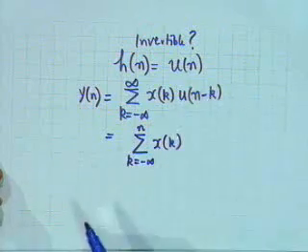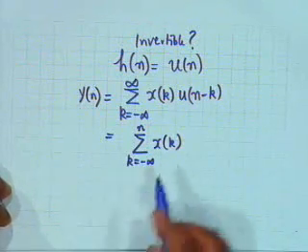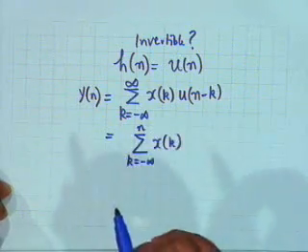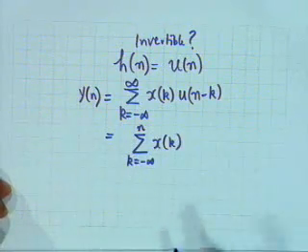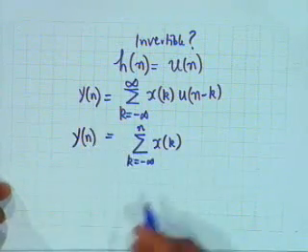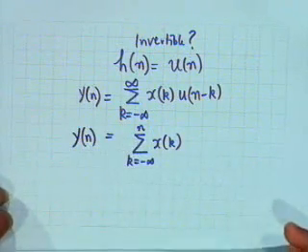I can omit u of n minus k, because u of n minus k for k between minus infinity and small n is 1, and therefore the product is 1. Now therefore my relationship is y of n equal to the summation of x of k, k equal to minus infinity to n.